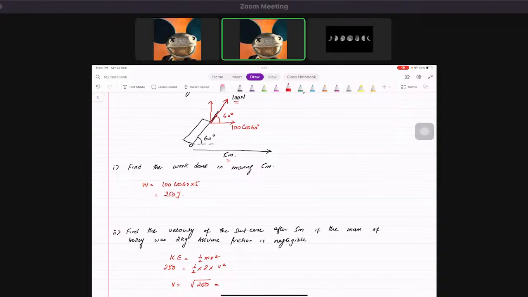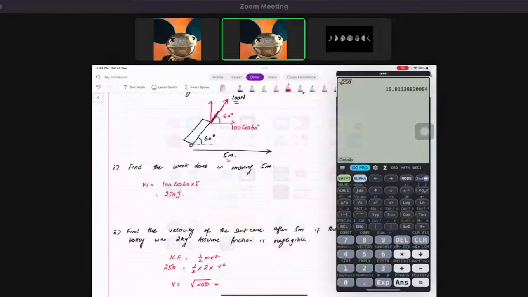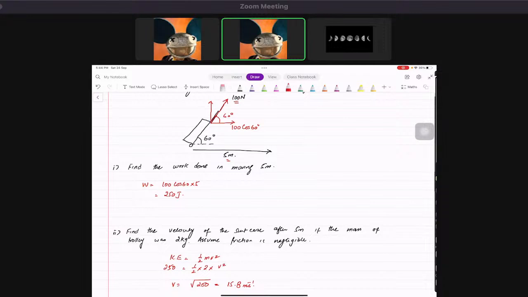Okay, so the root of 250 is going to be 15.8 meters per second. Is it clear? Understood? Yeah.